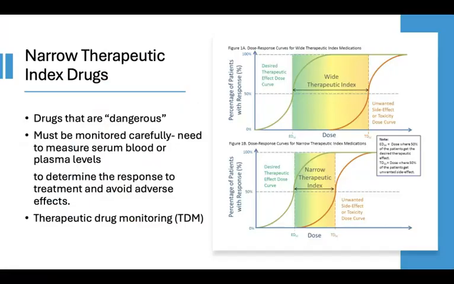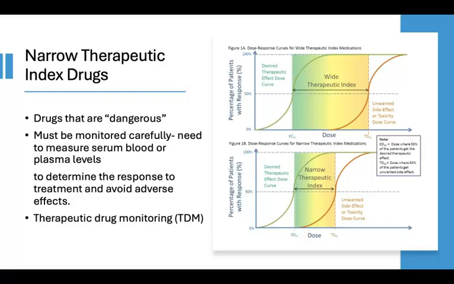If we go to the next slide, we see that narrow therapeutic index drugs really are very dangerous. But we have to give enough of the medication to achieve its purpose. However, we can't give too much of the drug because that may be toxic to the patient and even lethal.